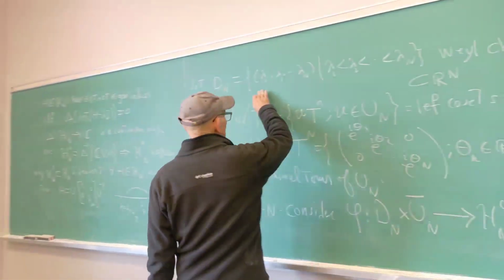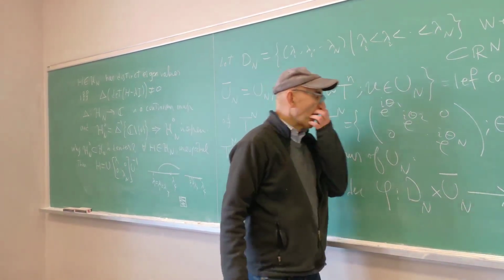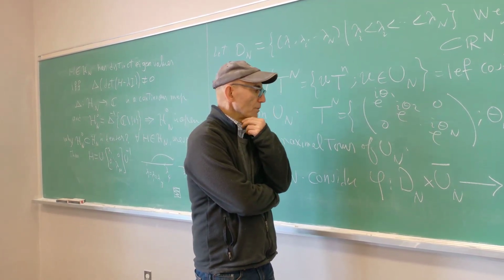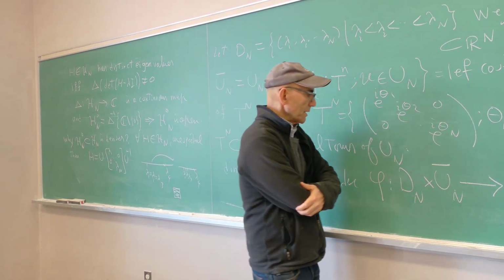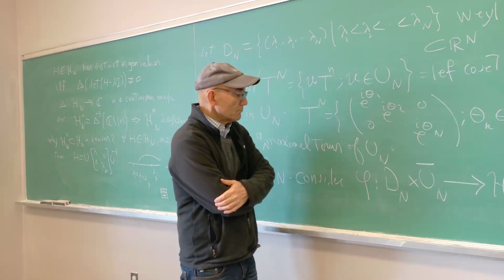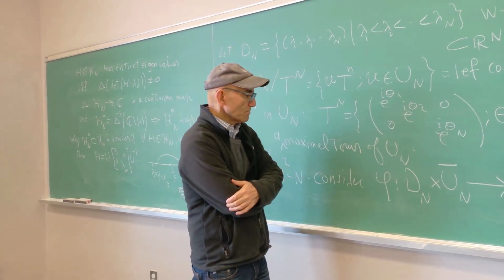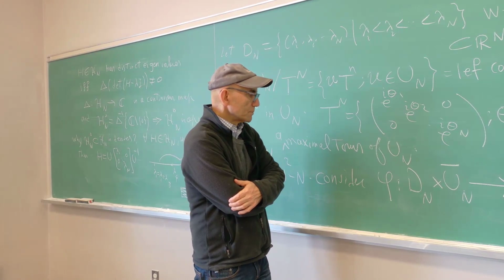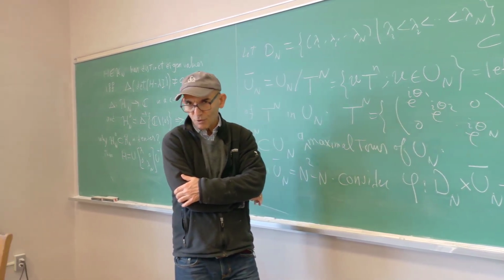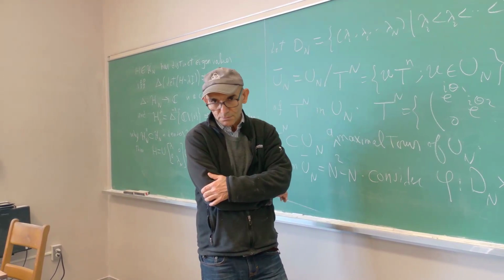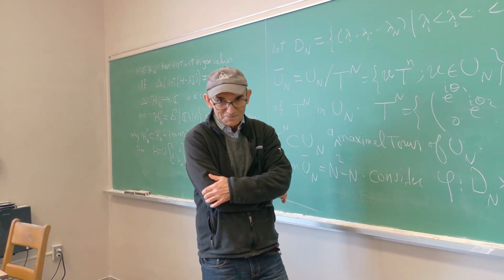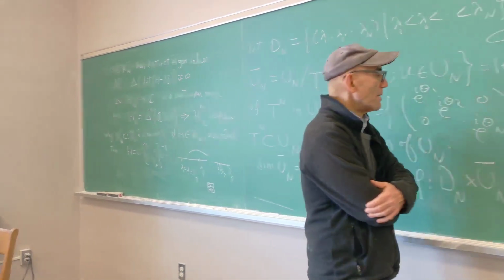By choosing this order, there's no chance of getting the same matrices from different elements here. Is this obvious to you? I mean, this being one-to-one and onto. No. Okay.